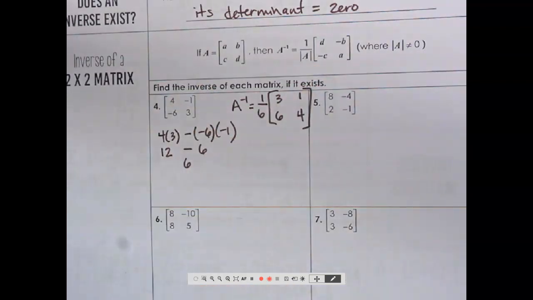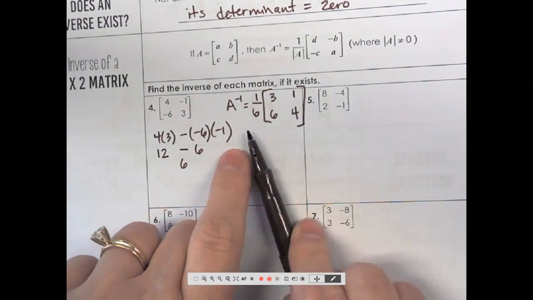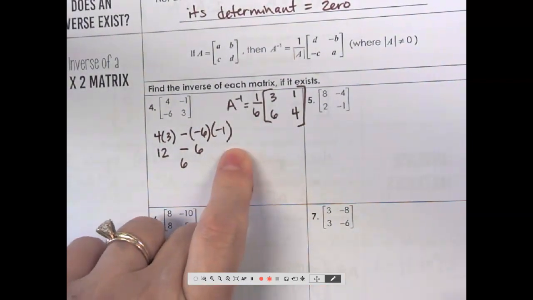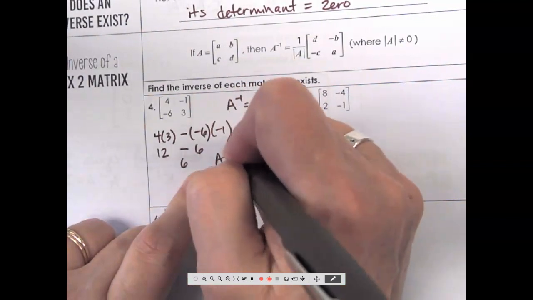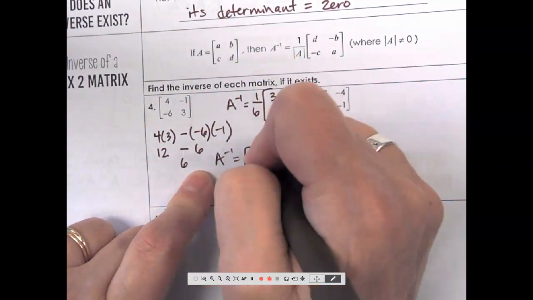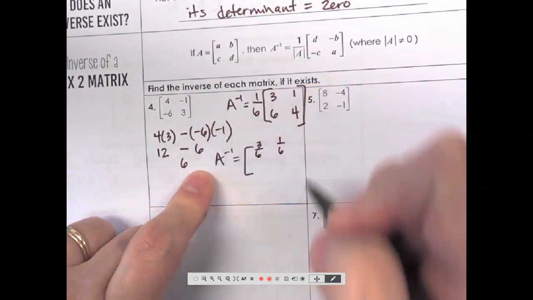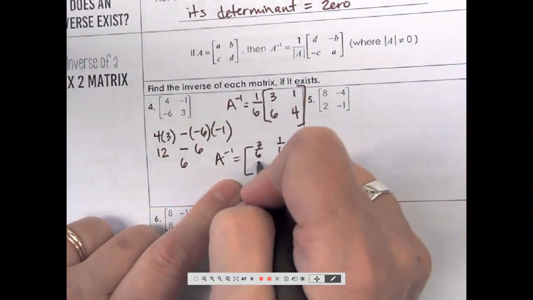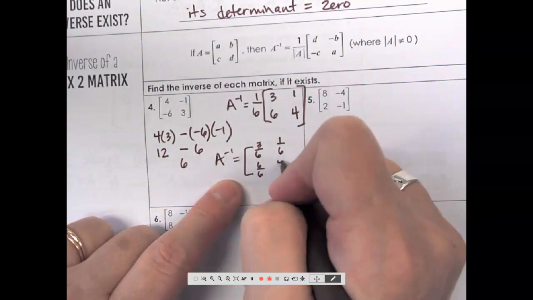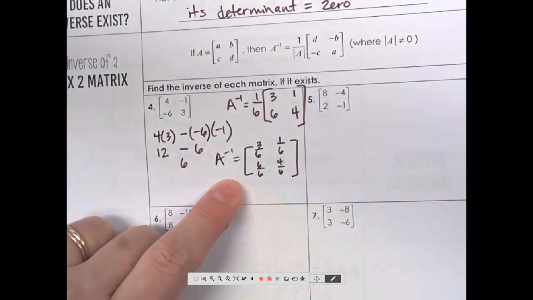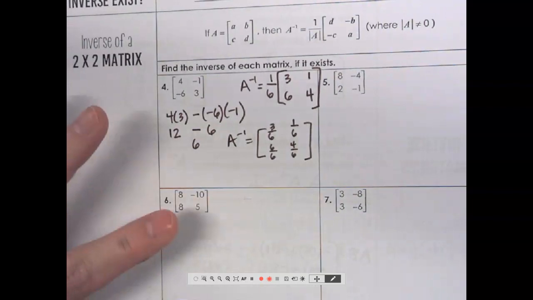Now, this is scalar multiplication. So basically this says, take everything in this matrix and multiply it by 1/6. So my inverse will be 3/6. They're like out of control today, aren't they? 1/6, 6/6, 4/6. And then I can simplify that.